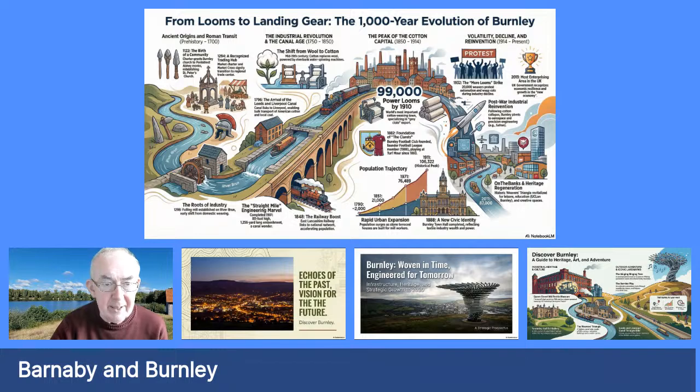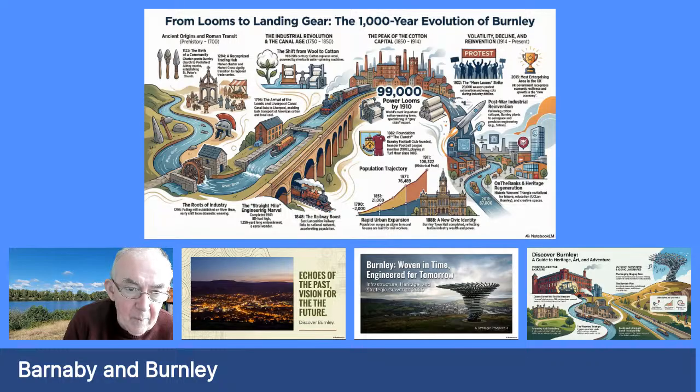Okay, and this is basically, as we've been going, Burnley is 1,000 years old, and the Romans were there, so that's why you've got the Roman helmet. It is just simply the Industrial Revolution took place along the canal from 1750 to 1850. You can see the canal, the roots of industry, the canal winding through the town, the train winding through the town.